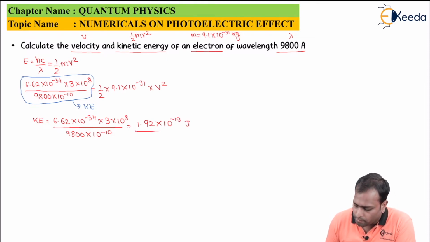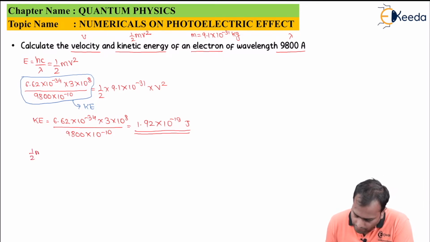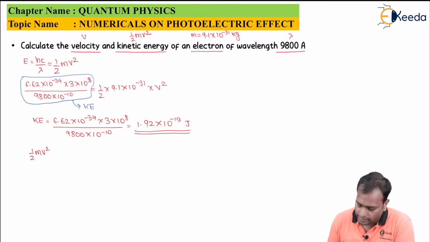Now, do remember, I have taken this kinetic energy not in terms of electron volt, but in terms of joule. The reason is that velocity is always expressed in terms of meter per second, which is the SI unit, while at times you may find kinetic energy in terms of electron volts. So this is the kinetic energy. Now again, half mv square equals the kinetic energy.